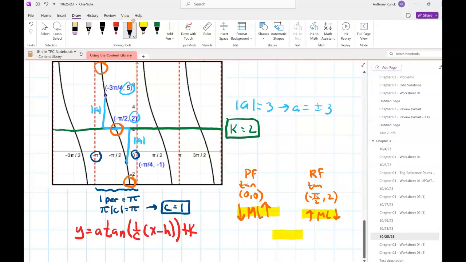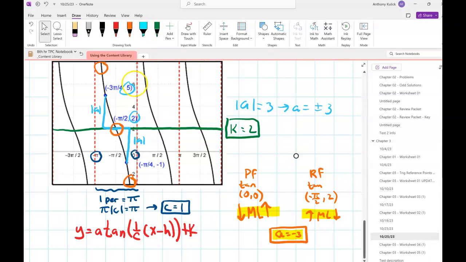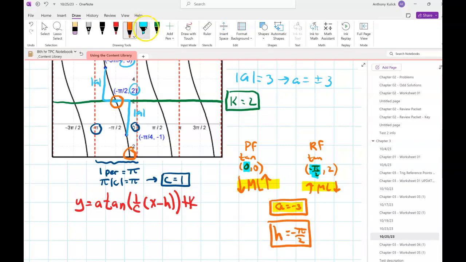What's that going to tell me? That A is negative. Just like before, no big deal. And then because the x-coordinate from our parent function is 0, what is the x-coordinate from our resultant function going to be? That's got to be our H. Just like we do for sine and cosine.